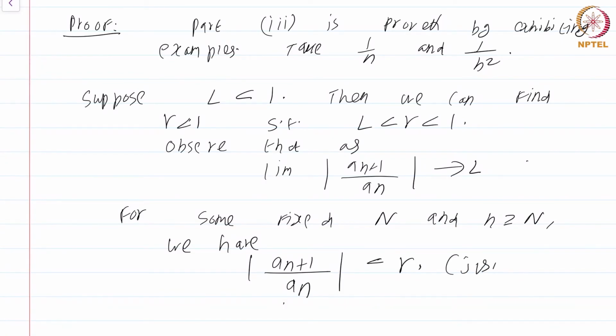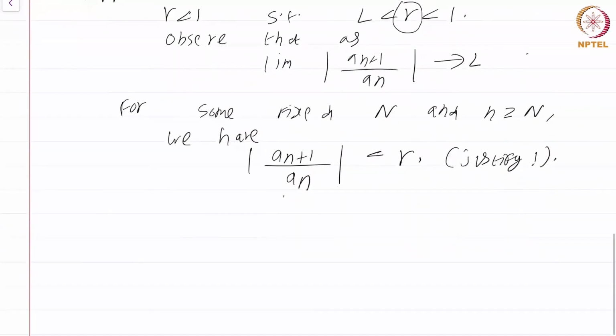Justify this. What we have done is the following. We know that the sequence mod an plus 1 by an converges to this capital L, and we know that this capital L is less than 1. What we are doing is squeezing in this r in between L and 1. By the epsilon N definition of convergence, for suitably large n, the ratio must be very close to L. In particular, the ratio must be strictly less than r whenever n is greater than or equal to this capital N. Now, how does this help us?